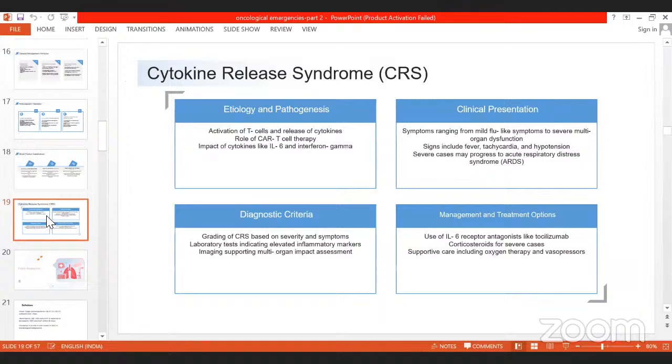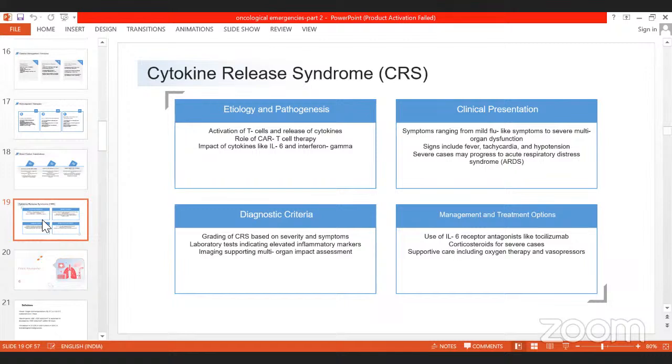The other complication which we commonly see with CAR T cell therapy and immunotherapies is cytokine release syndrome. So how does cytokine release syndrome occur? It occurs in the setting of CAR T cell therapy whenever it is given. Whenever CAR T cell therapy is given, there might be activation of the T cells and release of cytokines.